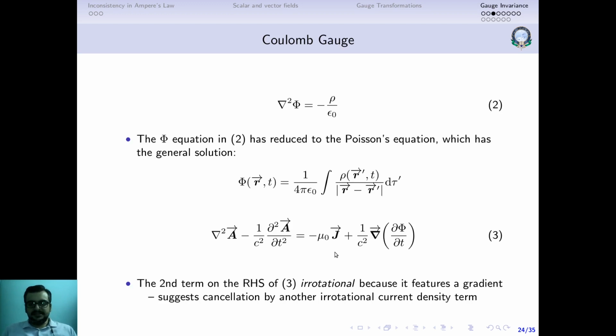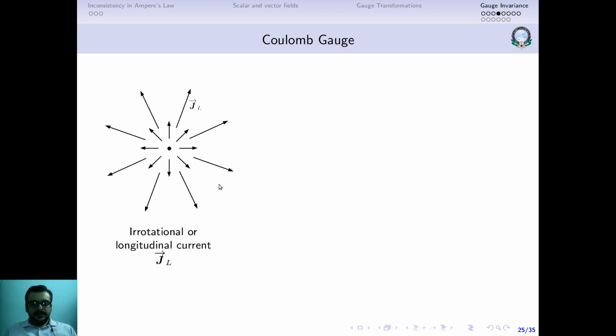For that, we'll clarify what these irrotational and solenoidal fields are. This is what an irrotational field looks like. When I say irrotational current, we also mean longitudinal current. Suppose I have a point, and the current radiates outwards from it, or radiates into that particular point. Then that current is known as an irrotational, or longitudinal, current.